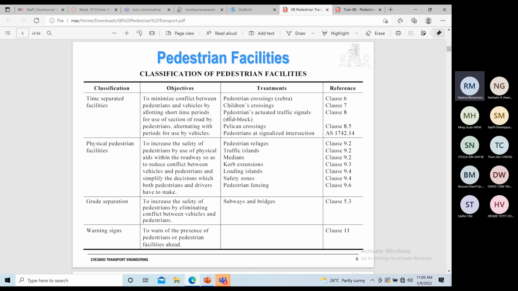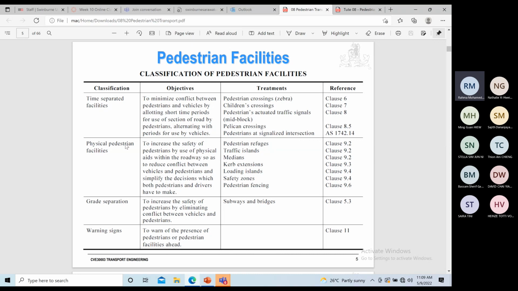So the difference between the first one, the pedestrian actuated traffic signal, is that this one is at mid-block, at the road section between 2 intersections, and the pedestrian at signalized intersection is the one that is really at the signalized intersection.